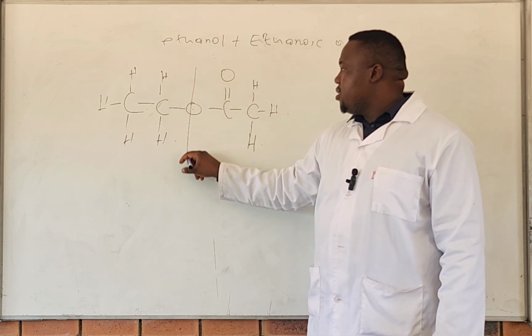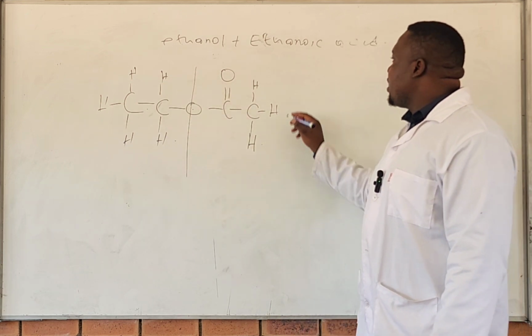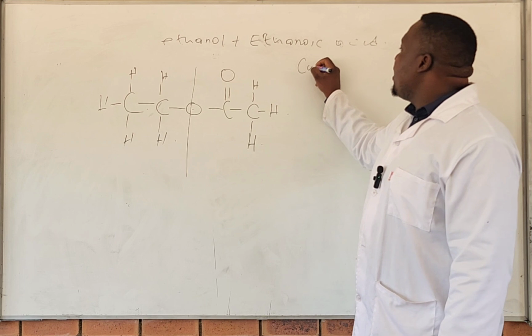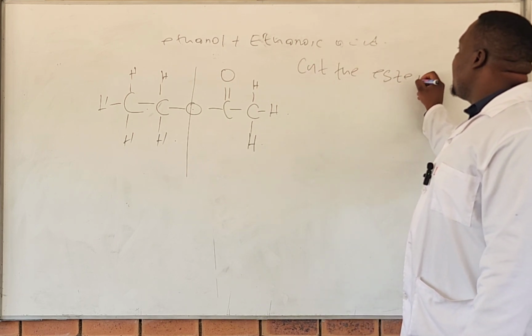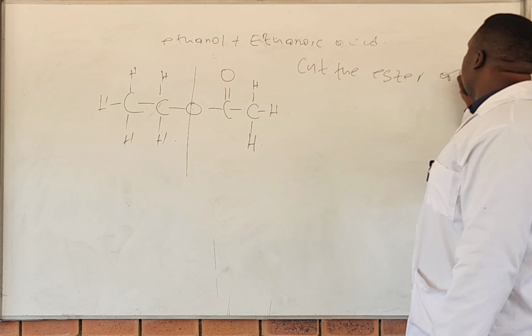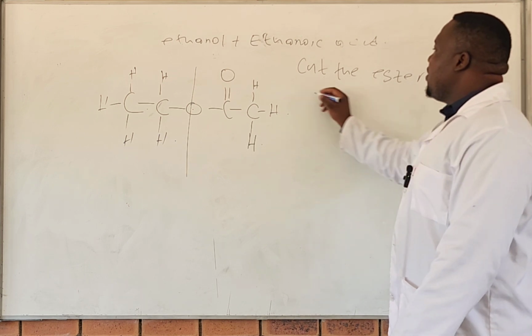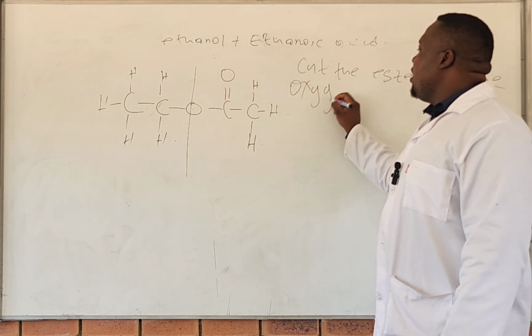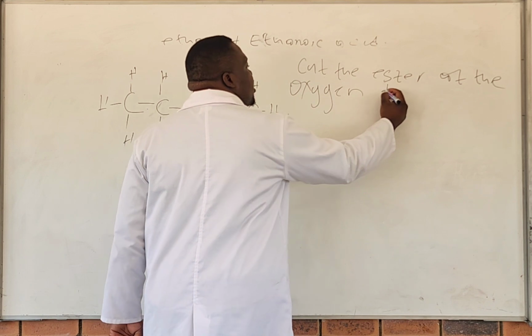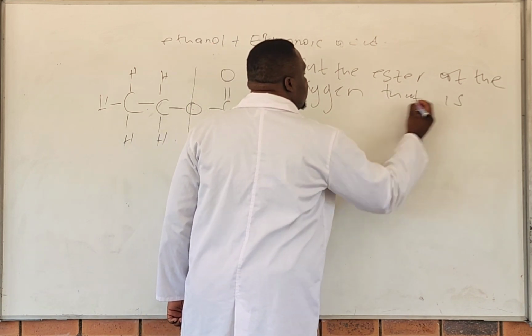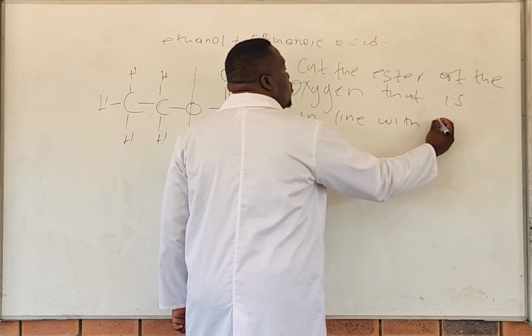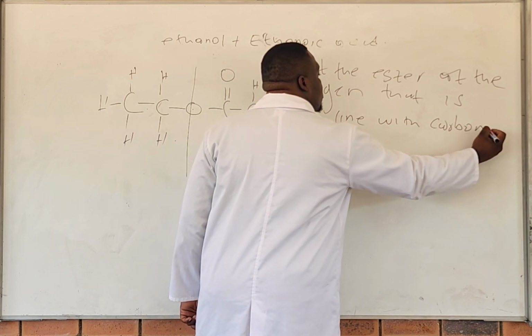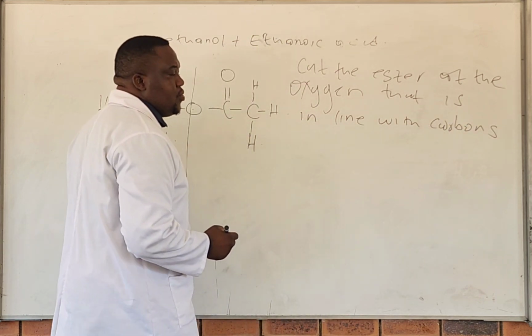So I can write somewhere here: cut the ester at the oxygen that is in line with carbons.